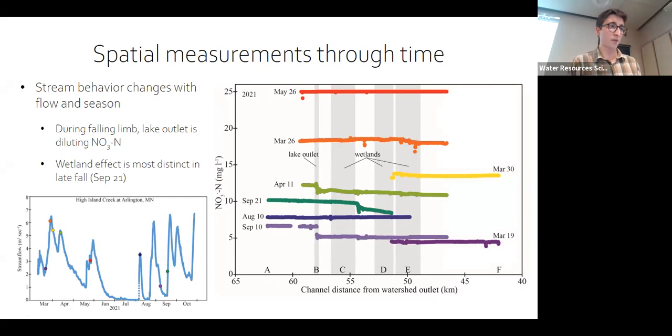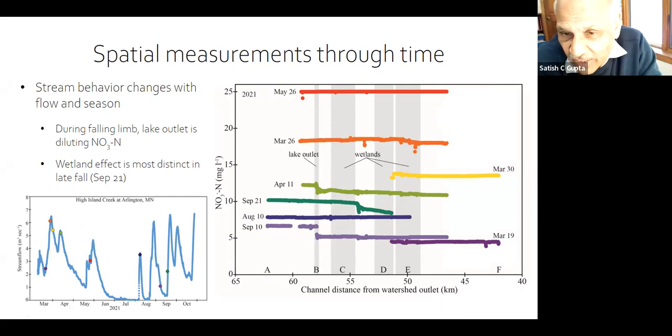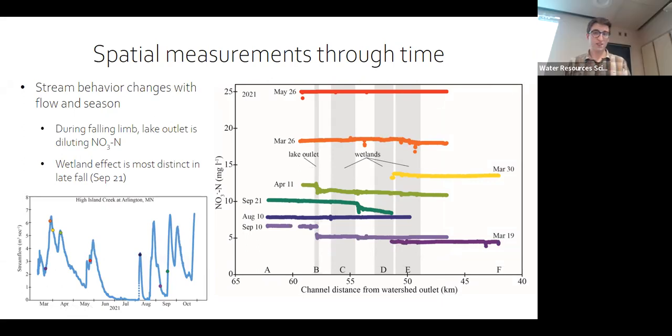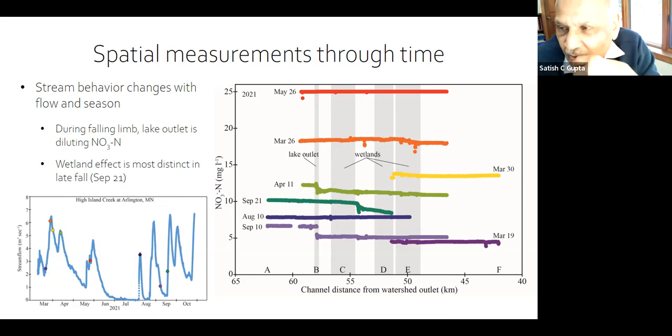So you are saying that upland lake or wetlands are influencing these concentrations, are dampening the concentration. Is that what you're saying? Yes. Okay, show me a graph where you have no wetland effect.